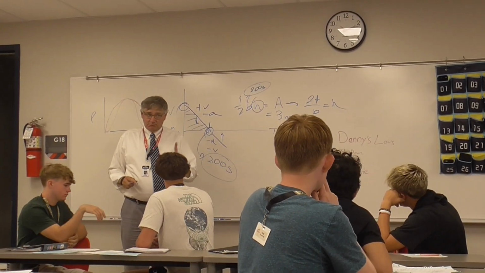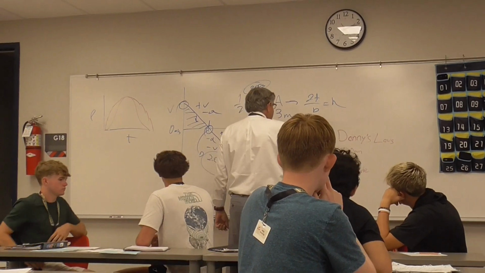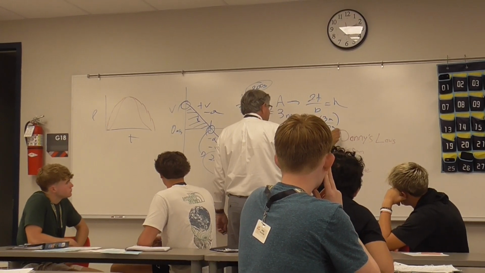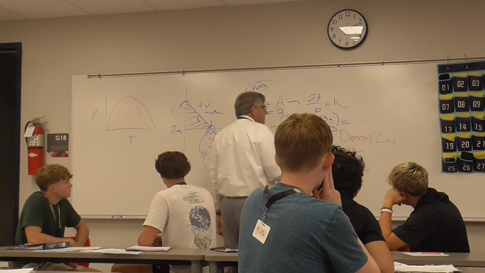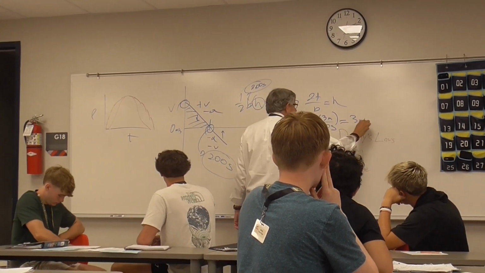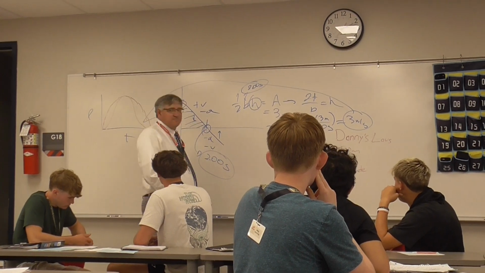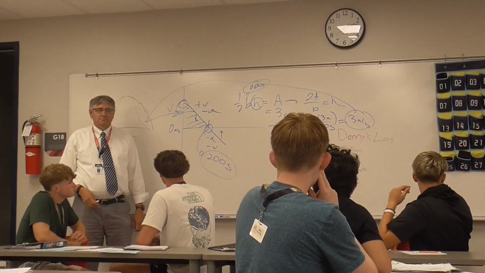So I'd take 2 times 3 meters, divide that by 2 seconds, and I would get 3 meters per second, which would represent the initial velocity of the cart that I pushed.